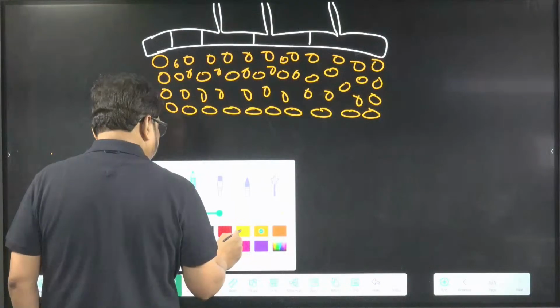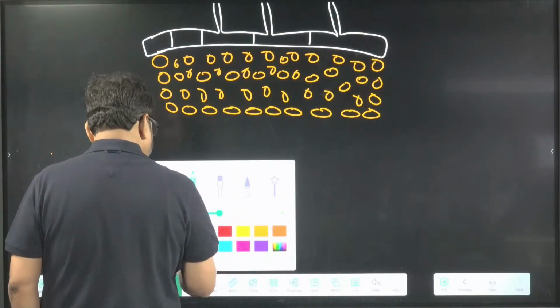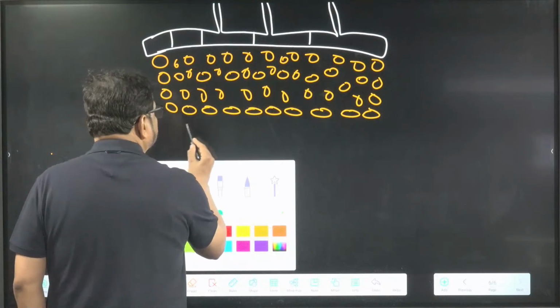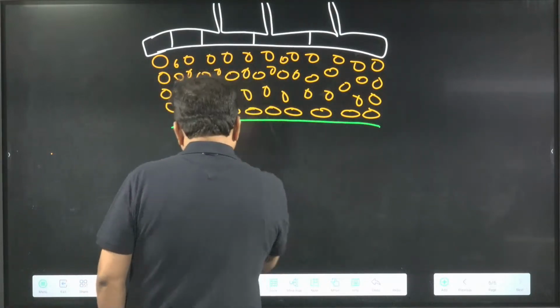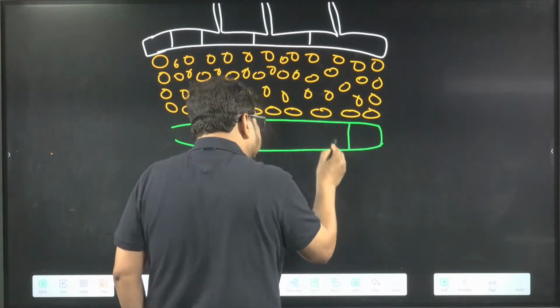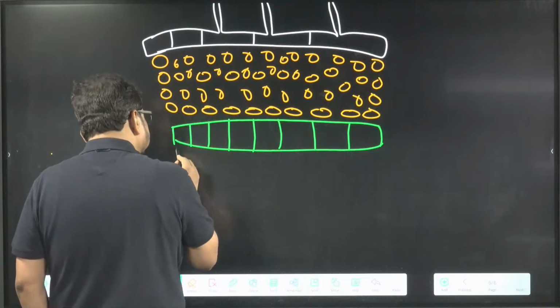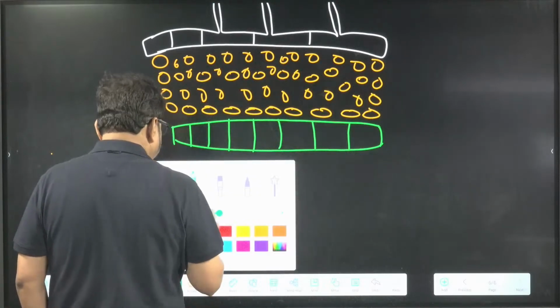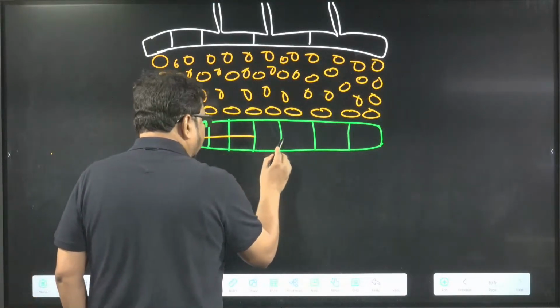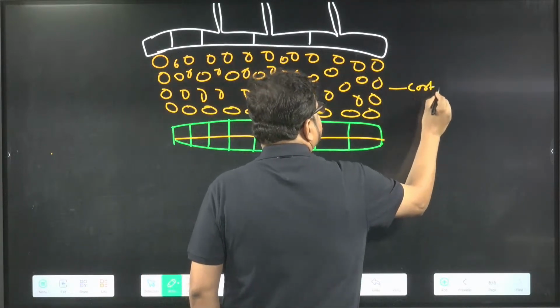Below the cortex, there is the endodermis, the endodermal layer. And I am also making the Casparian strips.